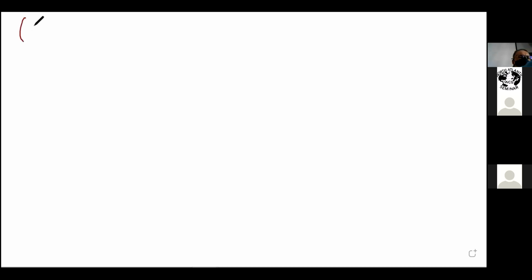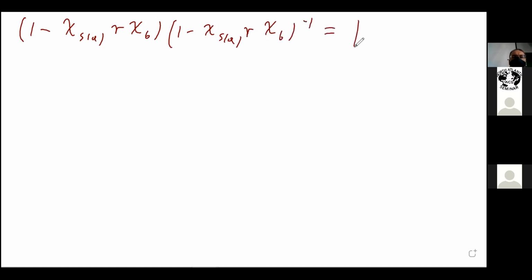I multiply 1 minus chi SA r chi b by its inverse. And I know that this is equal to 1. So in other words, I know that if I just subtract 1, then this is equal to 0.